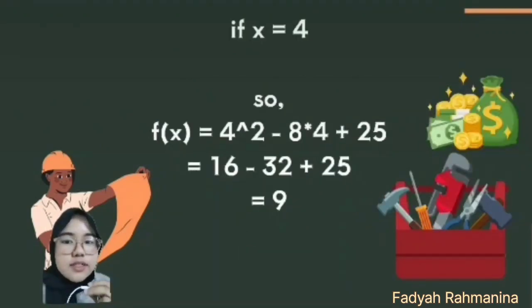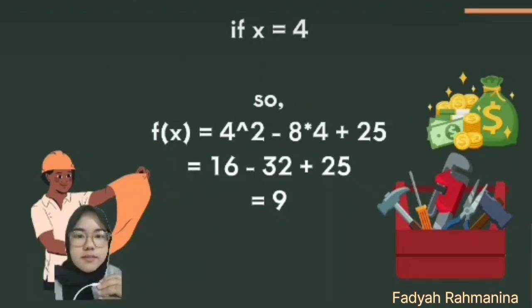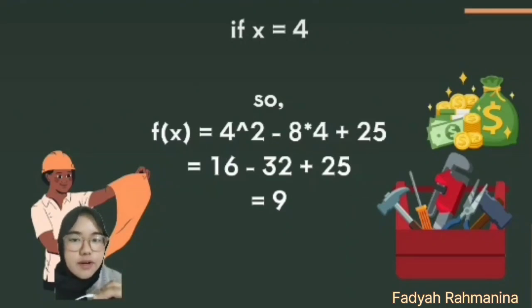And after we know how many workers Bu Ani needs to hire, now we calculate the total cost of the tools and the material that Miss Annie needs to spend. So we know that x is 4, so we substitute the 4 into the formula before.